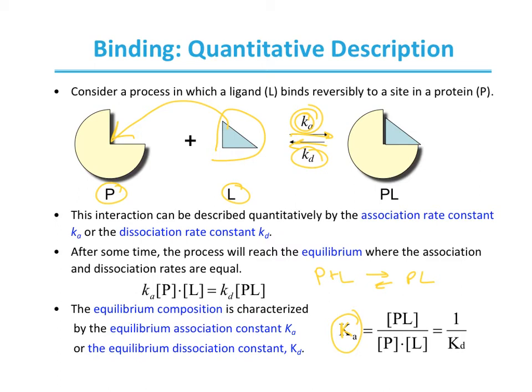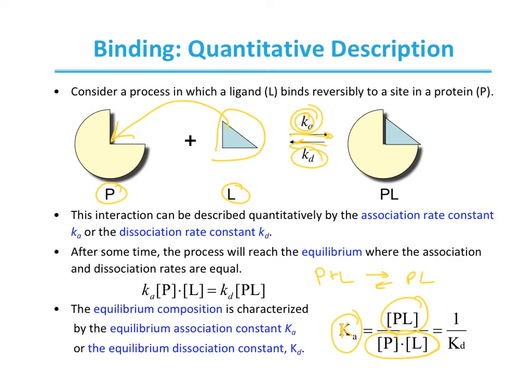So the Ka would be equal to the concentration of the protein-ligand complex divided by the concentrations of the reactants, or the protein by itself times the concentration of the ligand by itself.